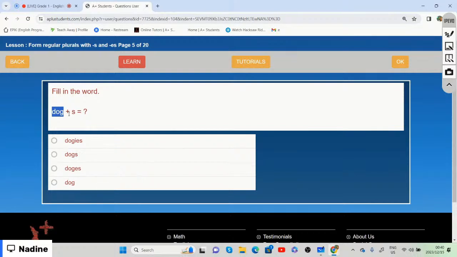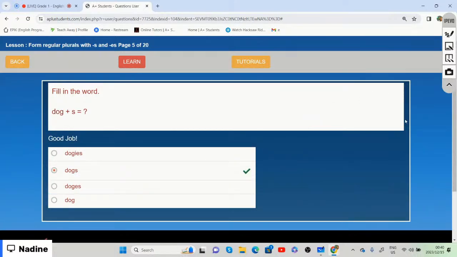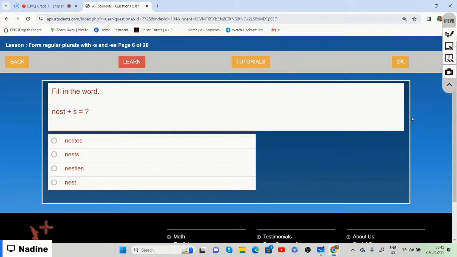That is our dog plus S. All right, and our correct answer is dogs, right? So one dog, two or more dogs.